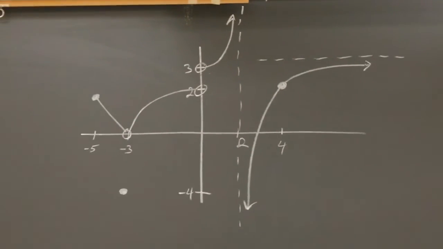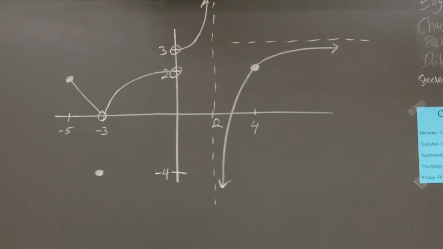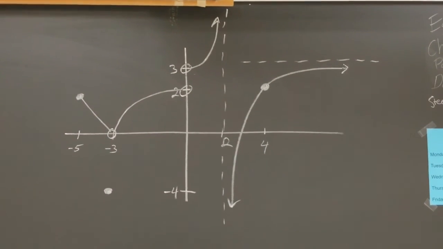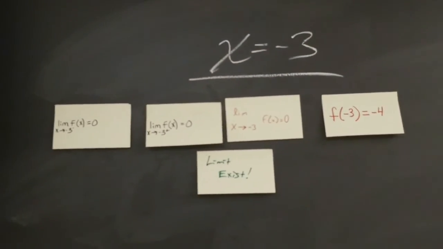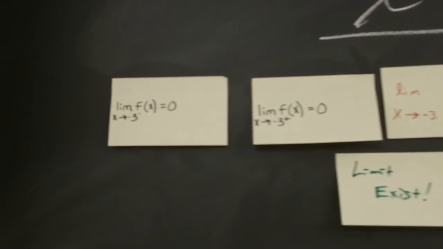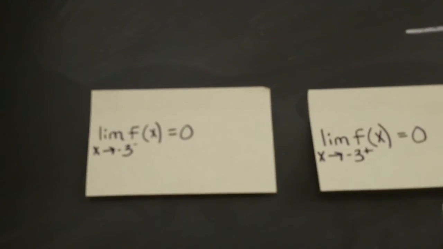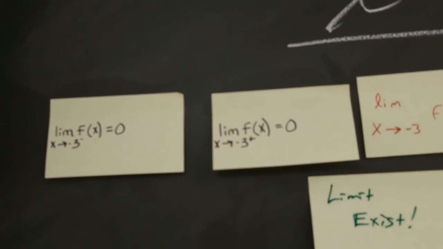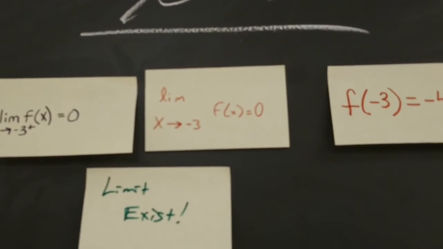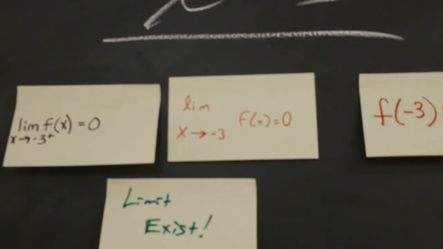All right, so we have this graph. It's got all kinds of goofy stuff going on at each of these x values, and then we went over and wrote them. Now at x equals -3, we can see that the limit from the left and the limit from the right are both equal to 0, which means that the overall limit is also equal to 0.